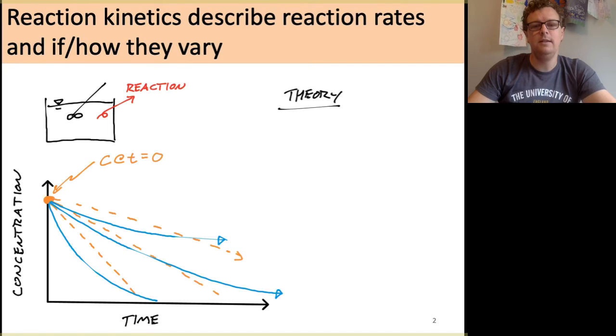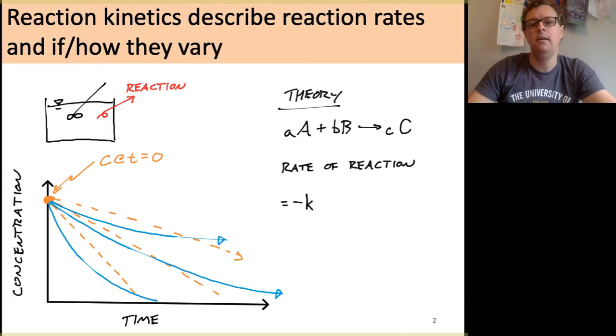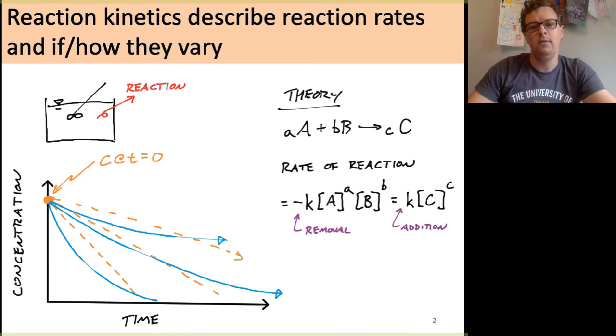So the idea of what we're going to do today is ask, how does this chemical reaction rate proceed? Right? If we've got A and B that are combining to turn into C, how will this reaction rate proceed through time? And our chemistry will tell us that the rate this reaction proceeds could be described this way, where the removal on the left-hand side, of course, has a minus, and the addition on the right-hand side has a plus.